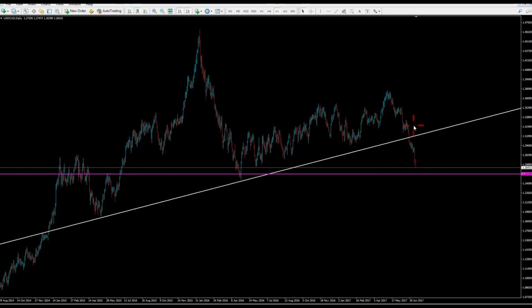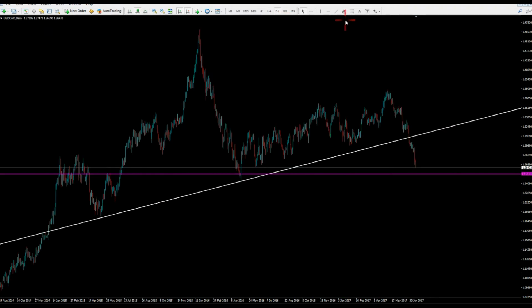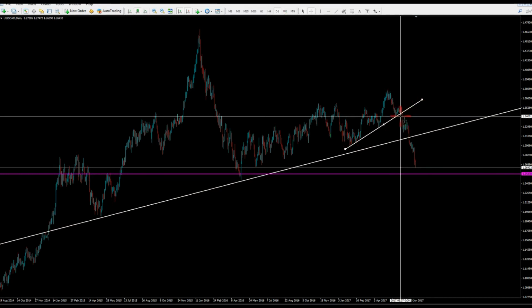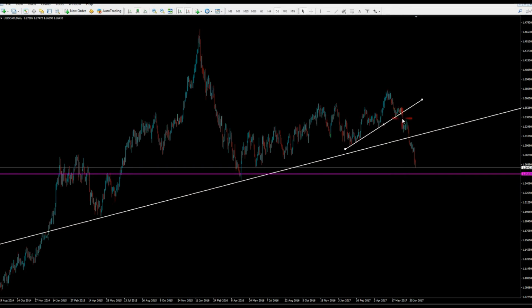As I said, you will find a major pattern on a higher time frame. For example, here was the weekly, but if we go back a little bit in time, on the daily we would have had this pattern instead. This was last month, and we could have been trading this.